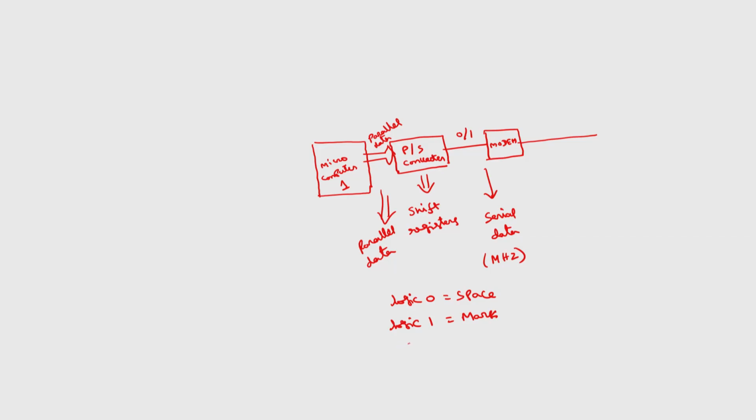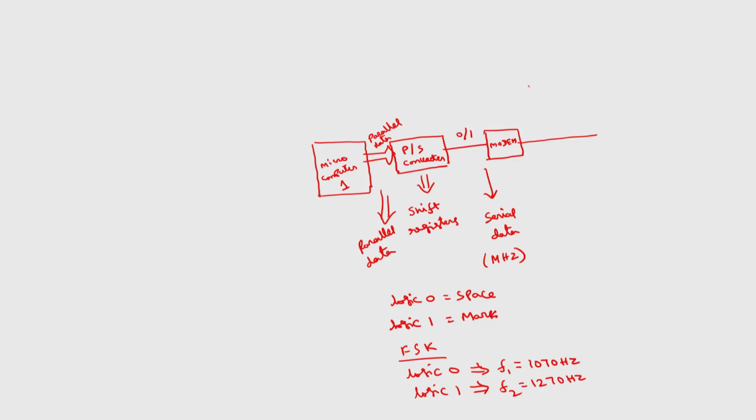If I use frequency shift keying, FSK, logic 0, space, will be represented by one frequency, say F1, and logic 1 will be transmitted with another frequency F2. Normally these will be 1070 Hz and 1270 Hz.